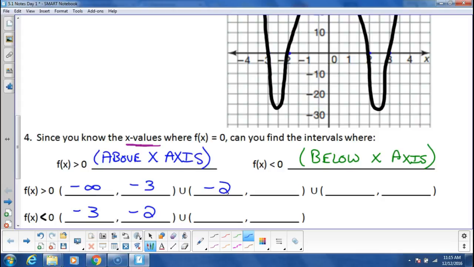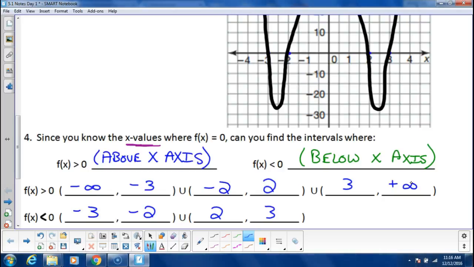It crosses over again. So this one stops being positive and it starts being negative again. Then I work my way to the right and I get to positive 3. What happens there? It crosses over again, so it stops being negative and starts being positive, and it stays positive for the remainder of infinity.